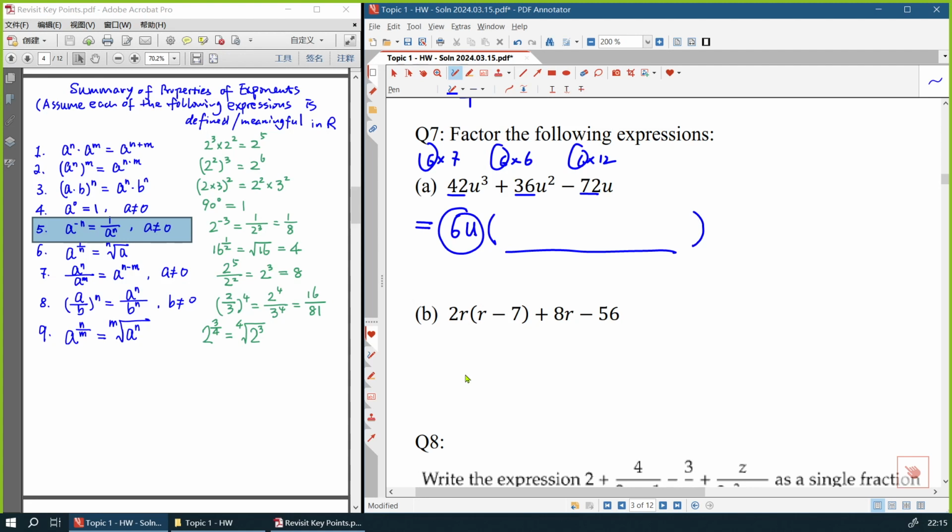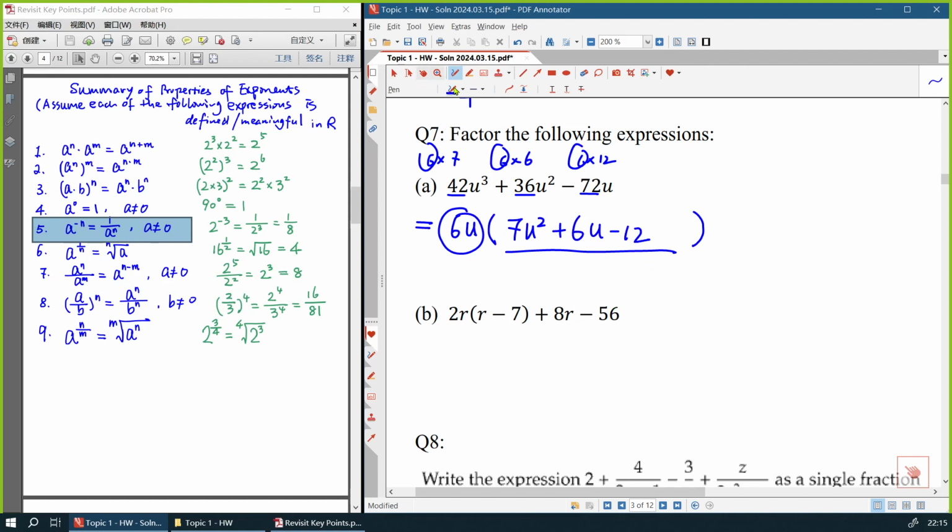Yeah, it should be 7u squared plus 6u minus 12, right?